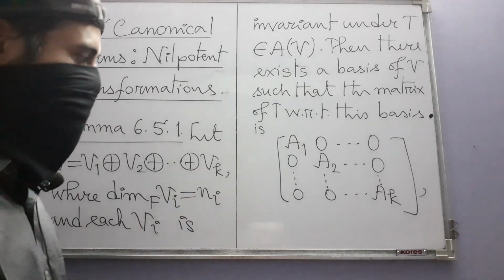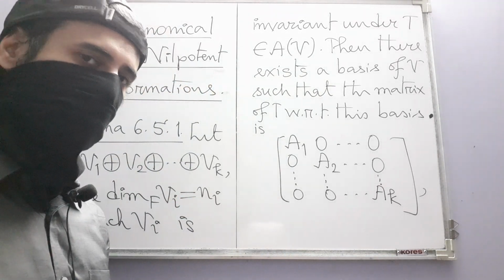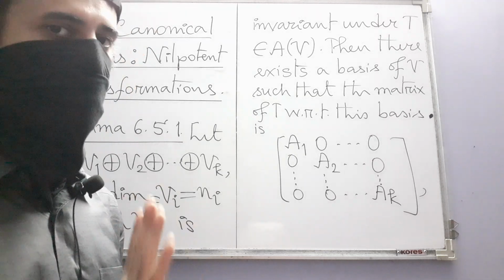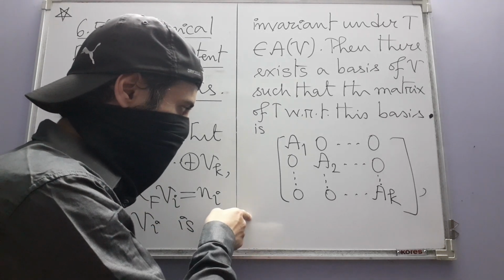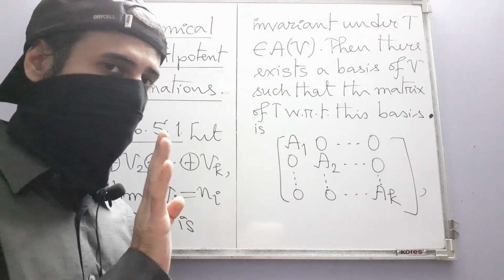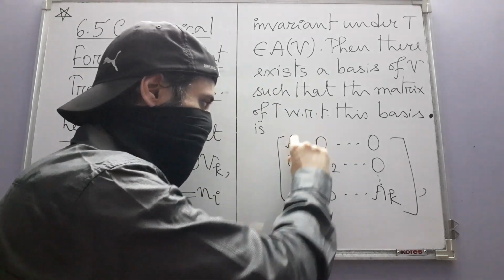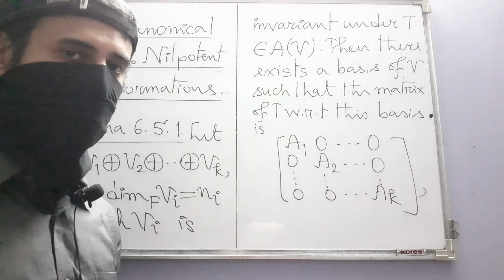When talking about these blocks, we do not normally call them blocks or arrays, we call them matrices. So the next thing is where Ai is an ni by ni matrix, but that does not mean that these are actually matrices as entries in this matrix.